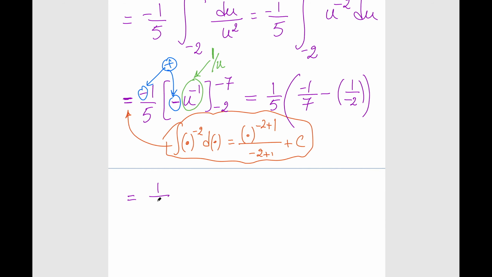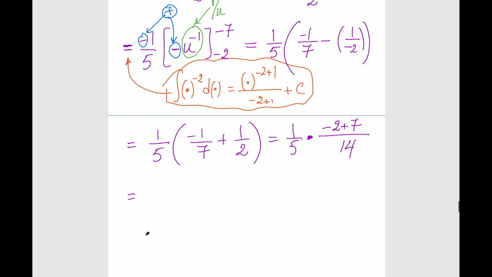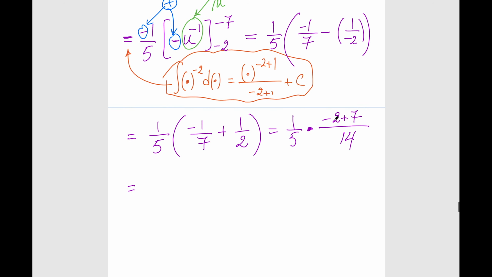This is 1 over 5 times negative 1 over 7 plus a half. How about the same denominator, which is 14? 7 times 2, so minus 2 upstairs plus 7. And 7 minus 2 is 5. Divided by 5 is 1. So that's 1 over 14.